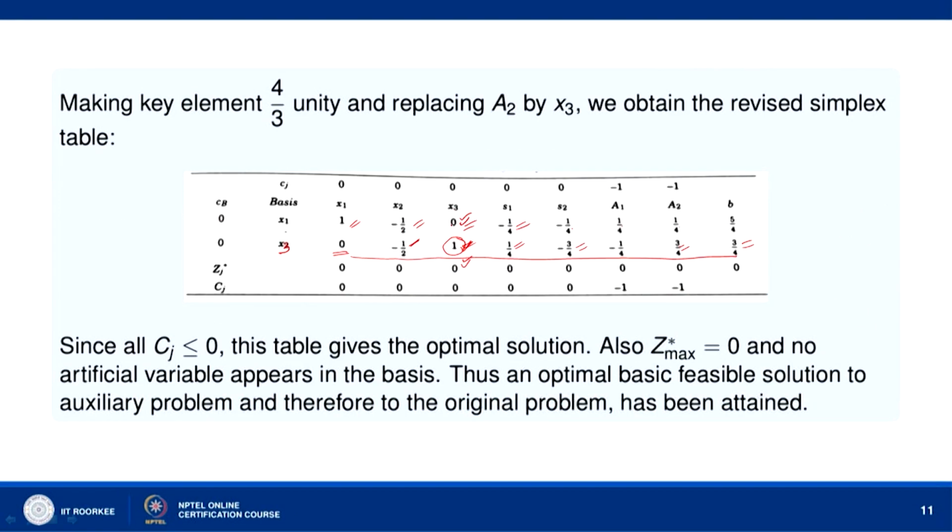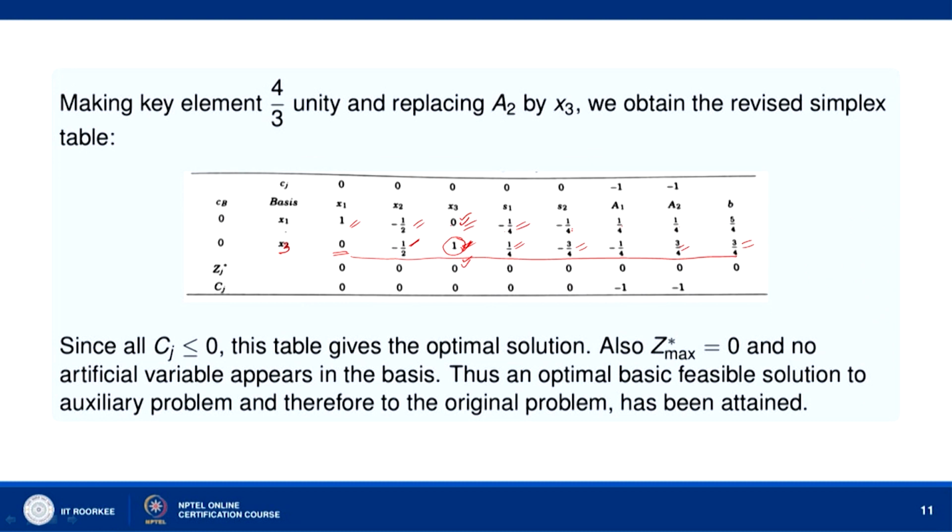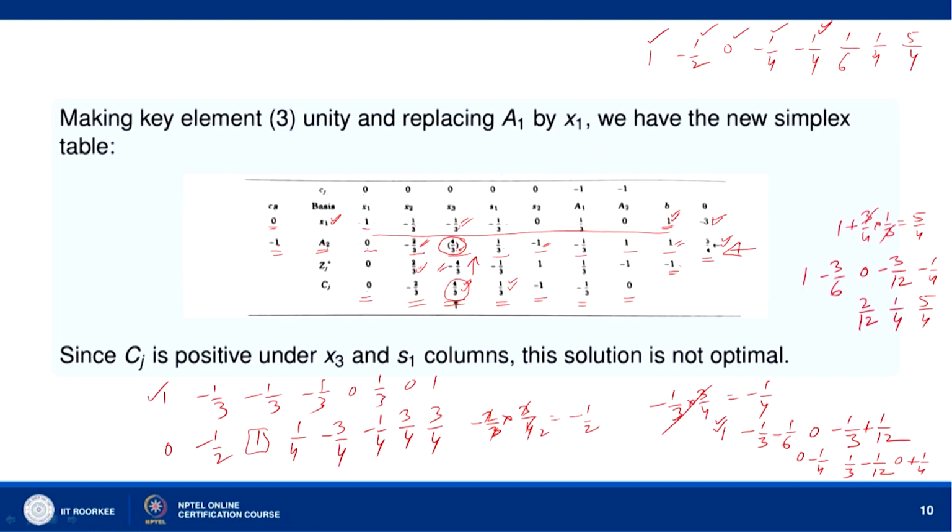So this is there, this is there, this is there, this is there. Then what is the next element? Minus 1 by 4, 1 by 4, 1 by 4. So this should be 1 by 4. Okay, and then last one is how much? 5 by 4. So this is okay.